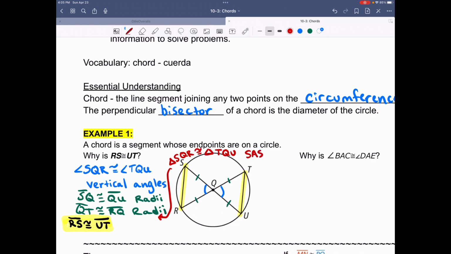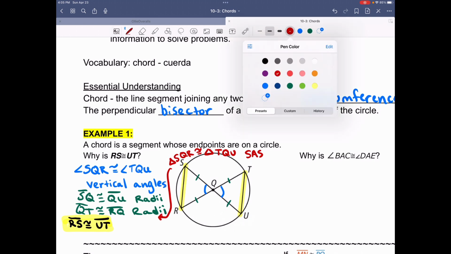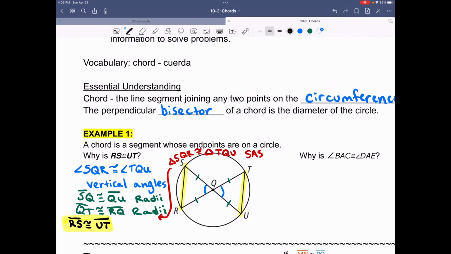And since those triangles are congruent, then the sides that we're trying to prove, the chords, these are chords, that's what we're learning about. Chords RS and UT are congruent because the triangles are congruent and these are parts of the triangle, so corresponding parts of congruent triangles are congruent. And that is our proof for why RS and UT are congruent.